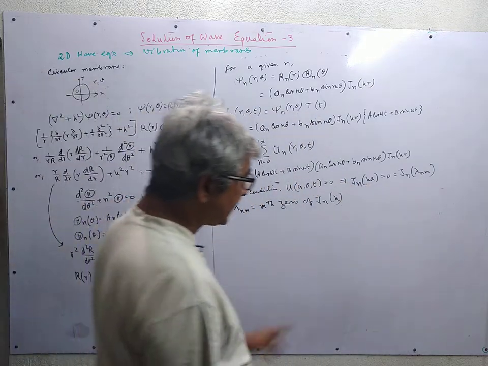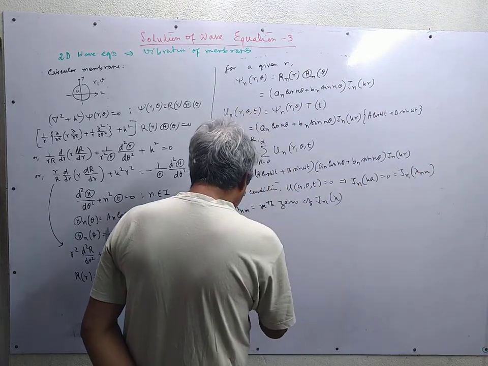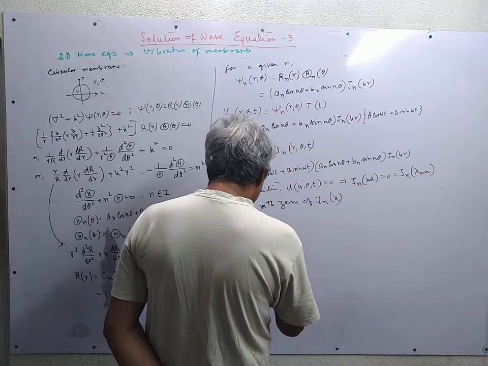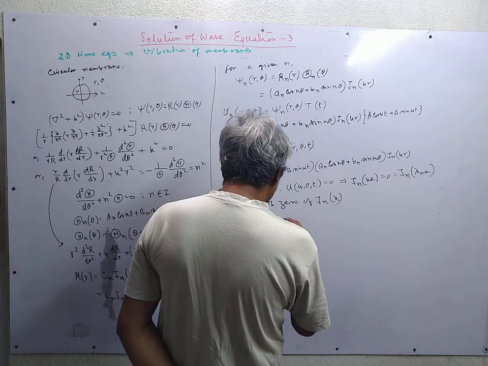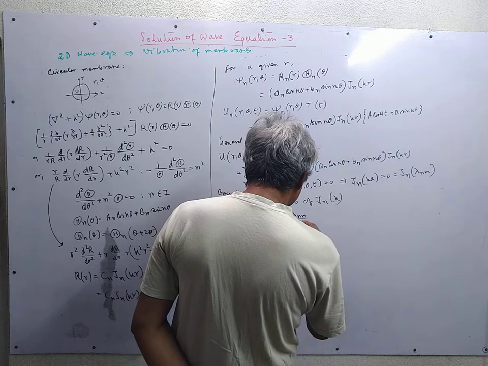So we see that k is now quantized. So k becomes k_nm = λ_nm/a.